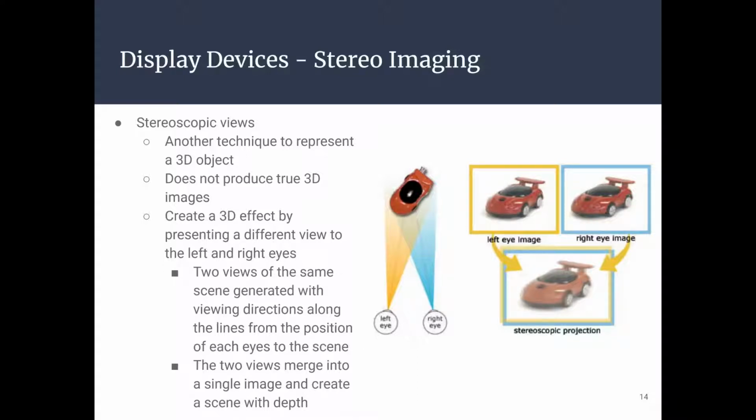So as you can see over here, this would be the left eye image that would be taken of this car, and then this would be the right eye image that is taken. And then when it's projected in front of the user, the left eye image is projected in front of the left eye, and the right eye image in front of the right eye. And these 2 images will end up merging together to create one image that will cause a 3D effect.